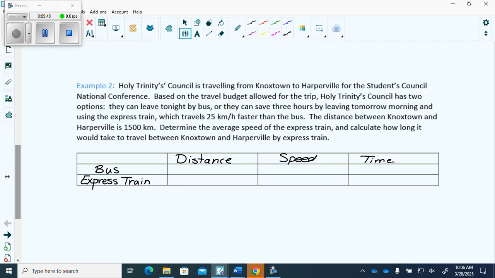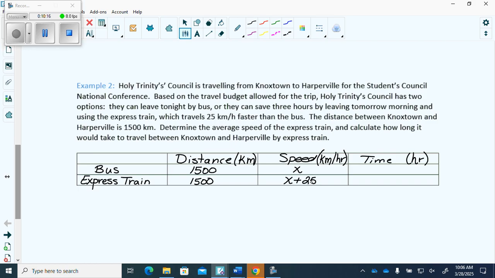Distance is in kilometers, speed is in kilometers per hour, and time is in hours. All right. So they both travel the same distance, 1,500, 1,500. Says the express train is 25 kilometers faster, not 25 times faster than the bus. So the bus is x, then this is x plus 25.